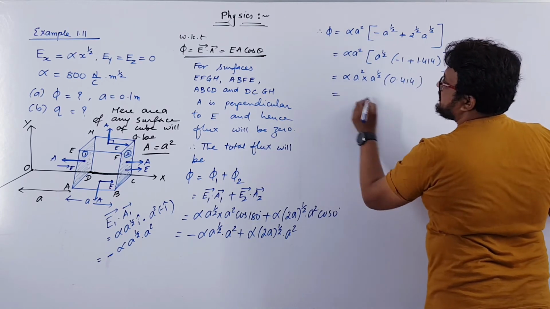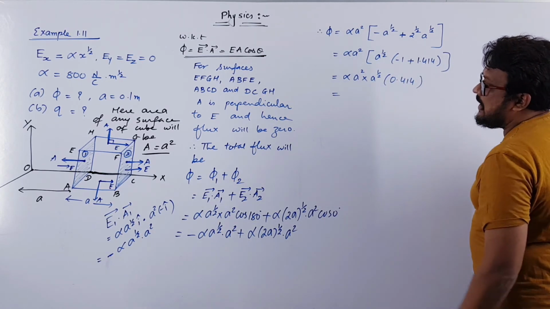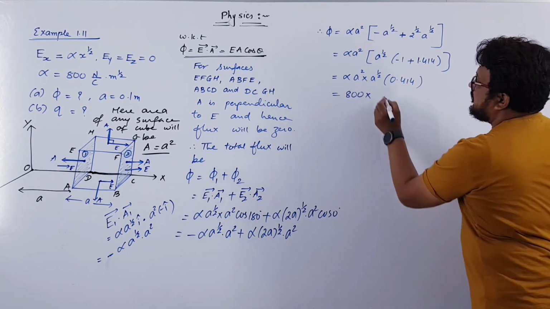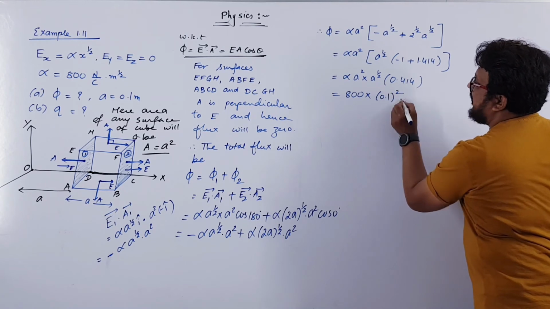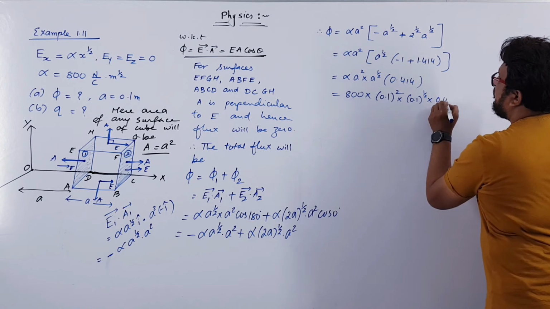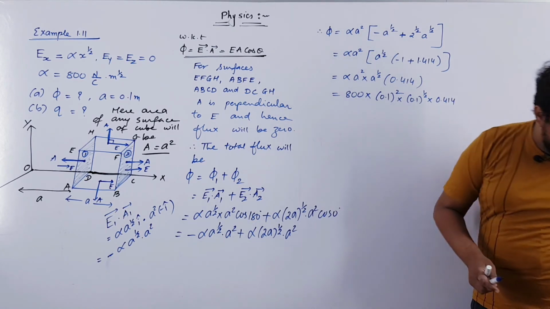0.414. So what is the value of alpha? Alpha is given as 800, and a is 0.1. So 800 into 0.1 square into 0.1 raised to half into 0.414. Let us simplify this.